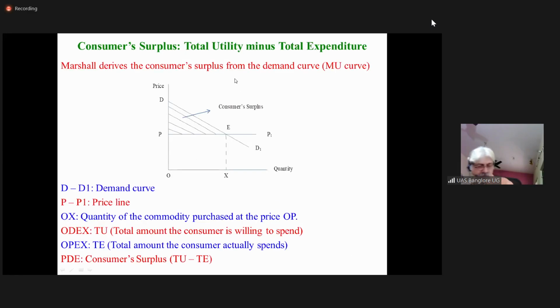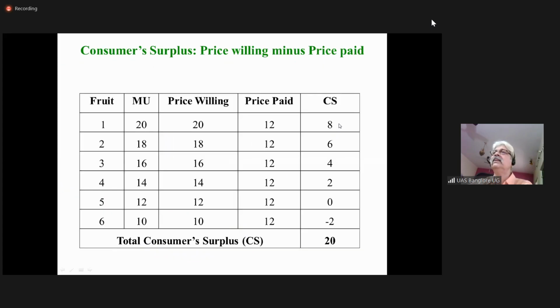If you want to give graphic representation to consumer surplus, total utility minus... So 8, 14, 18, 20 minus 2.